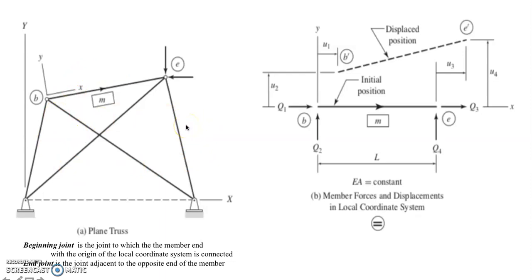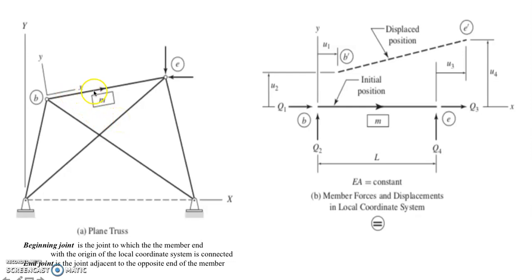So that we could establish the member stiffness relation, let us focus our attention on an arbitrary member M of the plane truss as shown in figure A. If this truss is subjected to external load, M will deform and internal forces are induced at both ends of the member. So let us now establish the member stiffness relation.